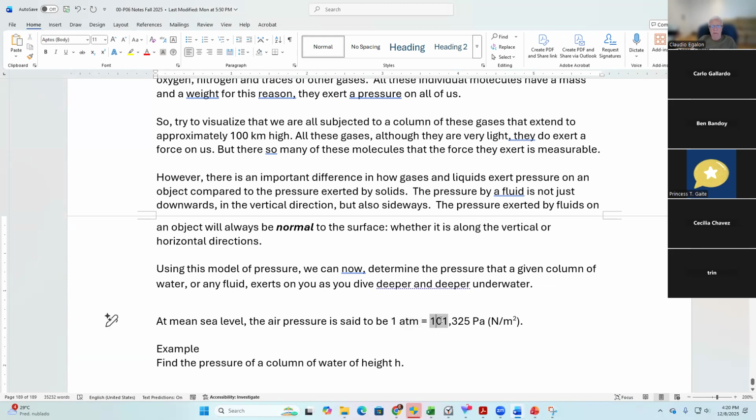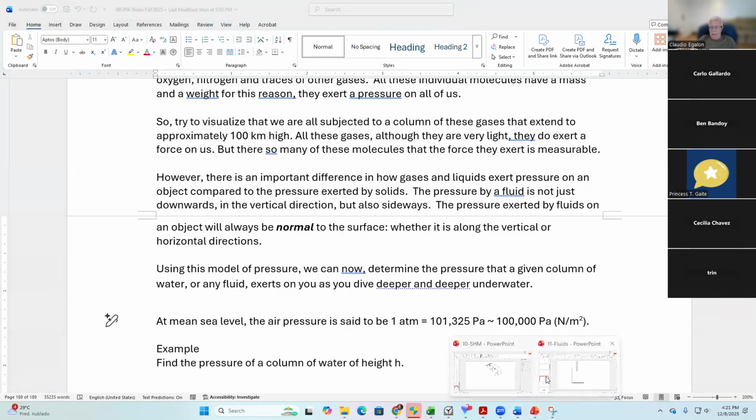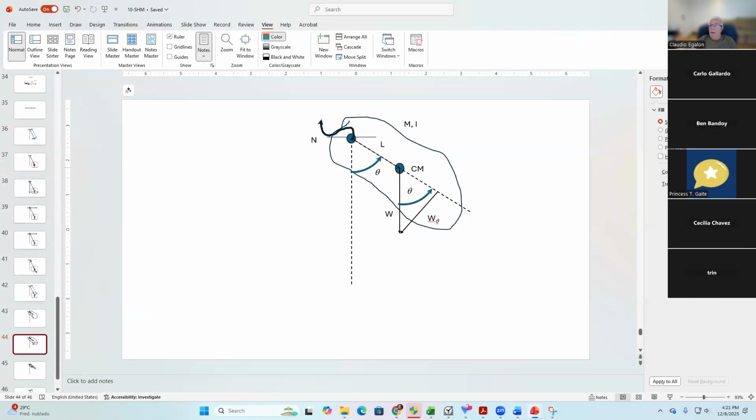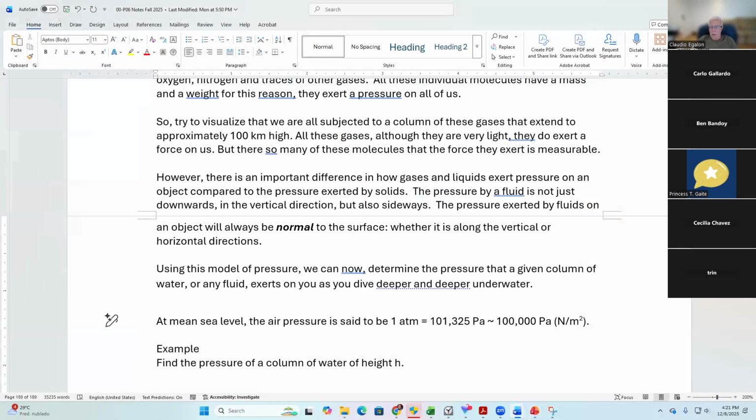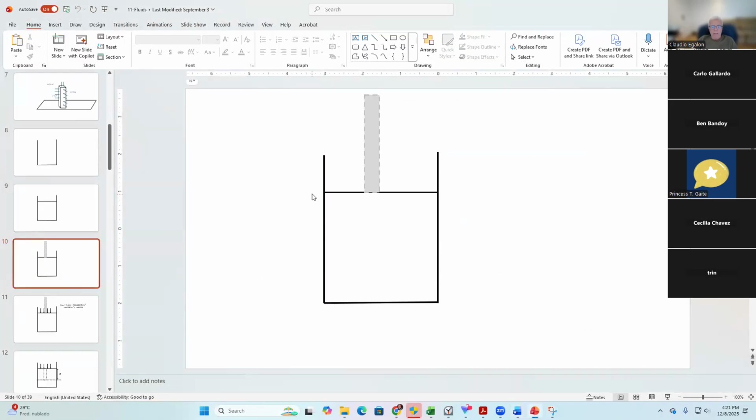And it's fine if you say that 1 atm is approximately 100,000 Pascal. It's much easier to remember that. So that's the pressure that this ocean of air exerts on us here at mean sea level.